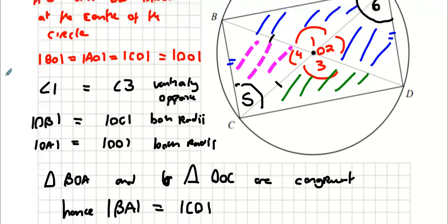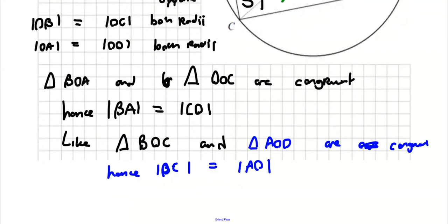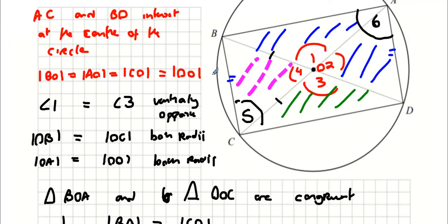Okay, so the next thing we're going to say is that if you look at the top, angle 6 is an angle in a semicircle, and angle 5 is an angle in a semicircle. What I mean by an angle in a semicircle is that it's opposite the diameter.